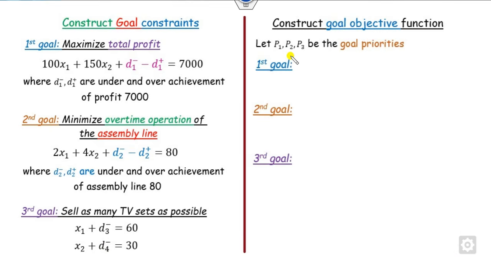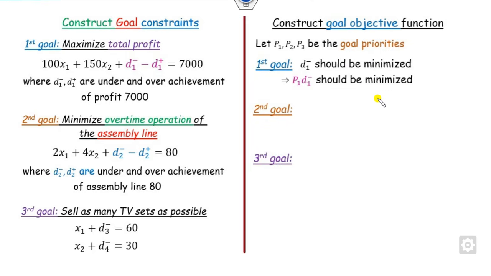Now there is no more constraints are there. Now we can set the goals. So there are the 3 are there. So in this case your target is to maximize the profit. So it means you will be happy when your profit will be more than 70,000 and you are unhappy when it is less than of this 70,000. It means your target is to minimize this D1 negative and the priority is here. You have to minimize the overtime capacity of the assembly line.